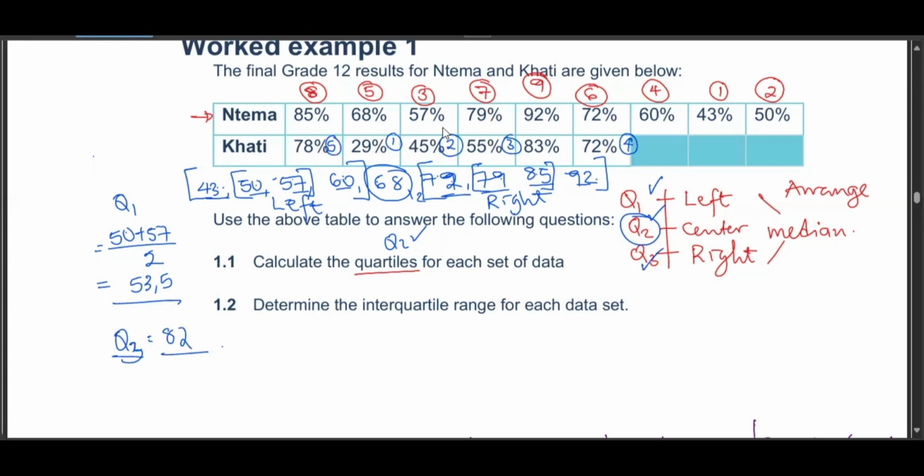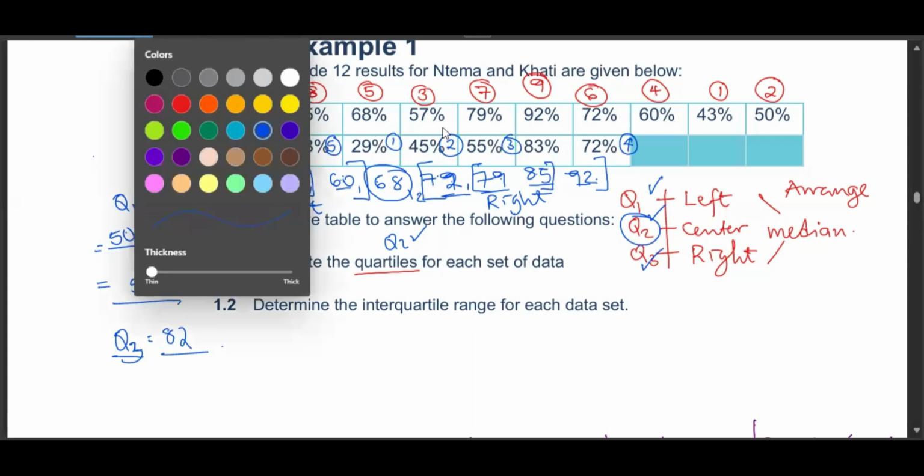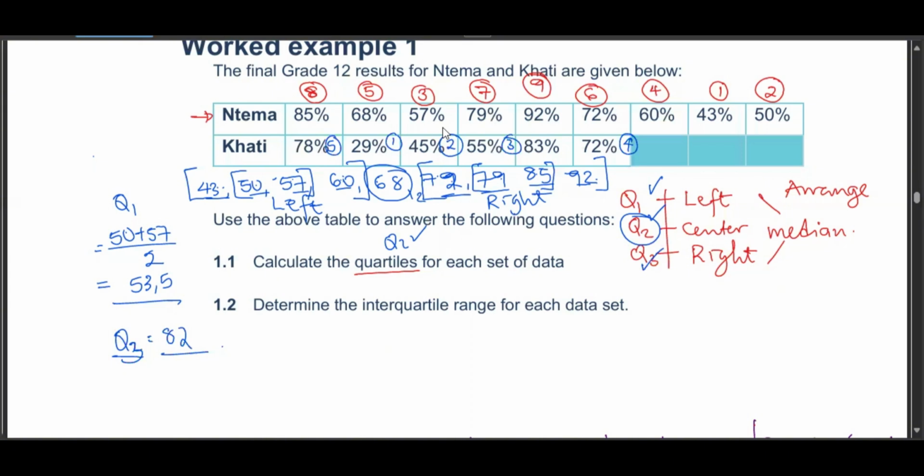So we have our arranged data here: 29, 45, 55, 72, 78, and 83.